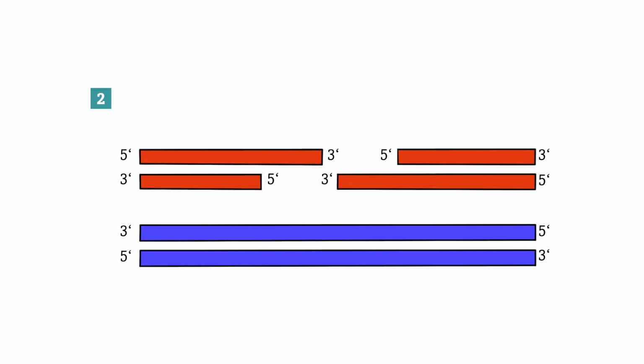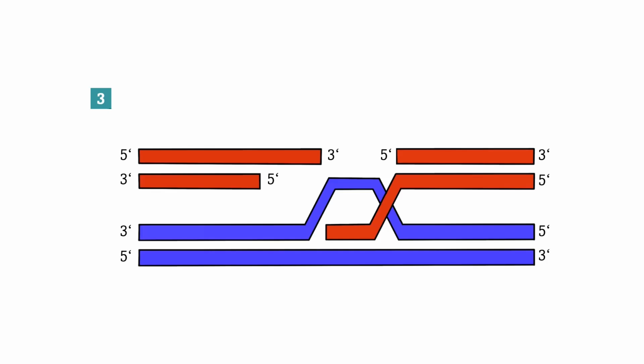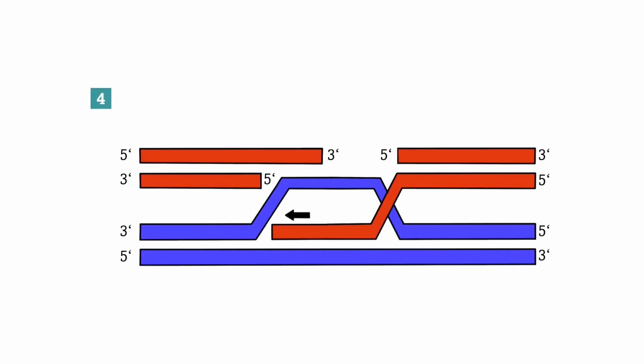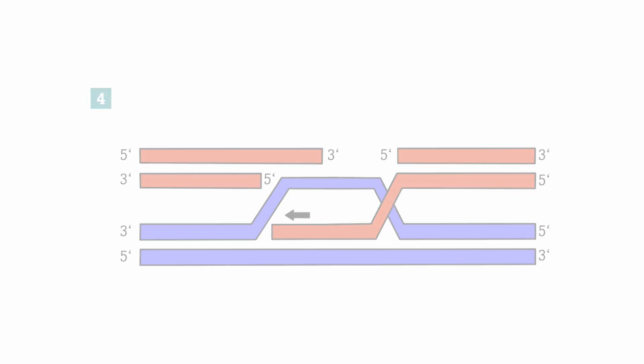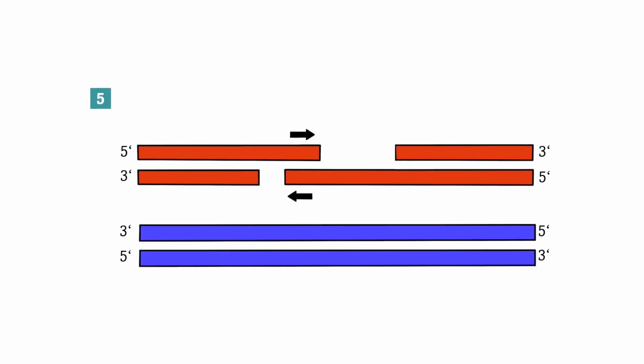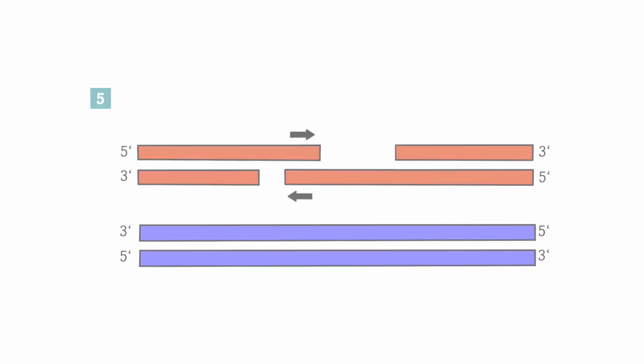Then, one of the broken 3' ends pairs with the unbroken DNA double helix to use it as a complementary strand. The DNA polymerase elongates the strand, and the strand then rejoins the second broken strand. Finally, the rest of the missing DNA is synthesized and then joined by DNA ligase.